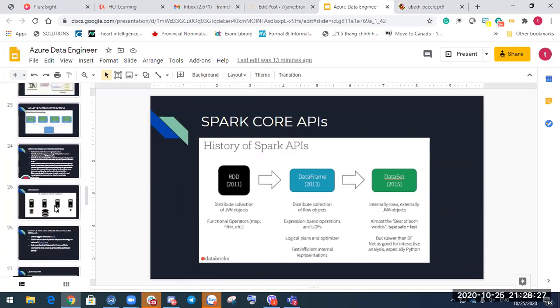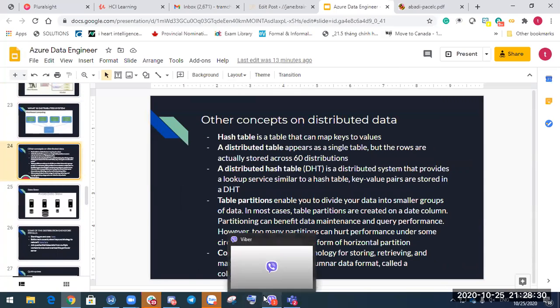So let's go back here and talk about this. Hash table. A table can map keys to values. You remember back in your data structures class, right, you remember hash function, hash as a data type.